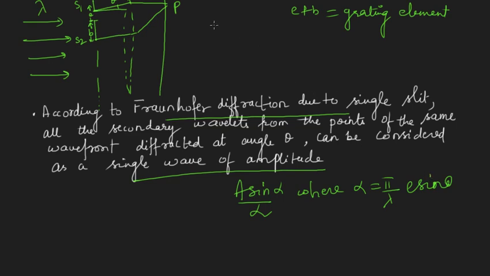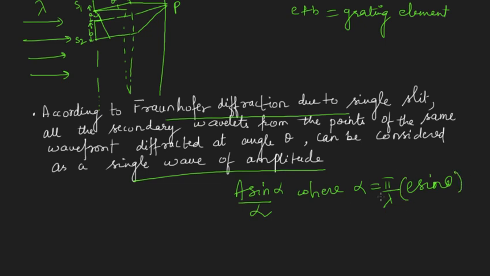How do I get this? I can get this by dropping a perpendicular on this. So if this is theta, this is again theta, I will get the path difference as E sine theta, and the phase difference is 2 pi by lambda E sine theta.